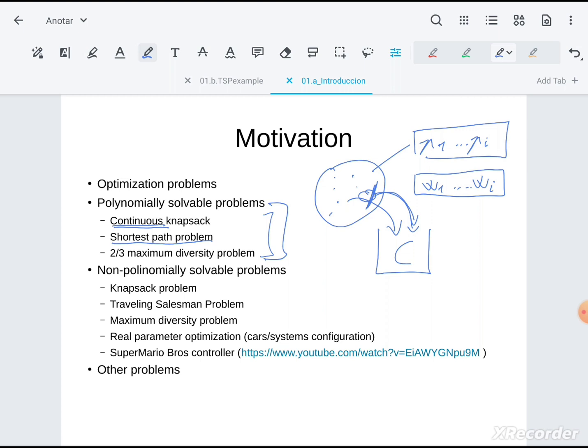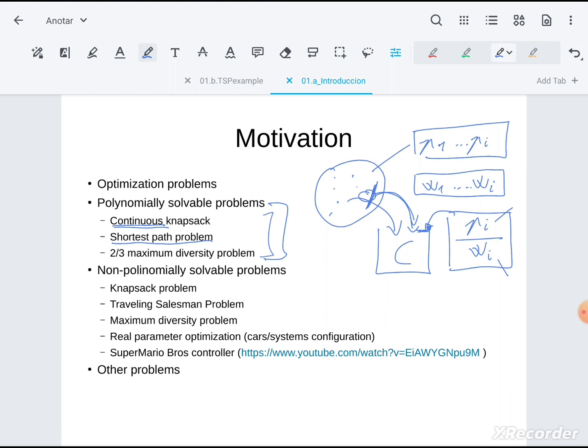The idea is to sort the objects according to this quantity, which is the profit of the object per unit of weight. So you introduce first the most interesting objects, leave the less interesting objects for later stages, and split the last object to fill the knapsack. Then you get the optimal solution.